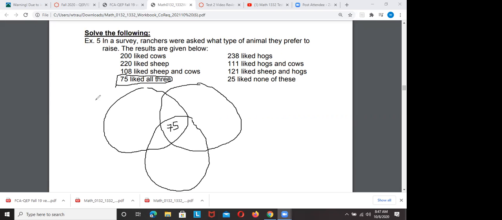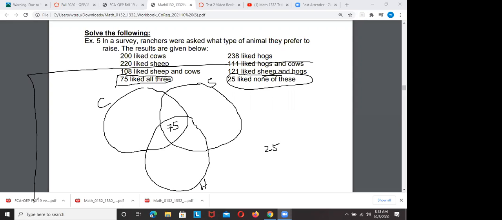Let me label them: cows, sheep, and hogs. By the way, 25 like none of them. I'm going to put 25 out here. They're part of the universal set, but they're not in any cow, sheep, or hog circle.